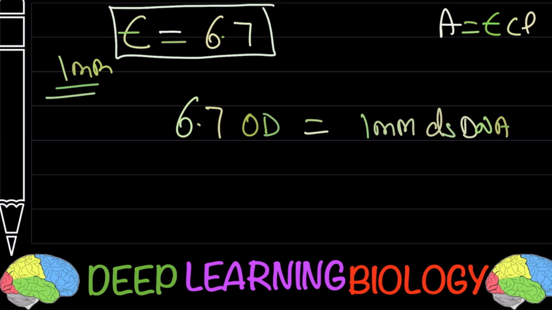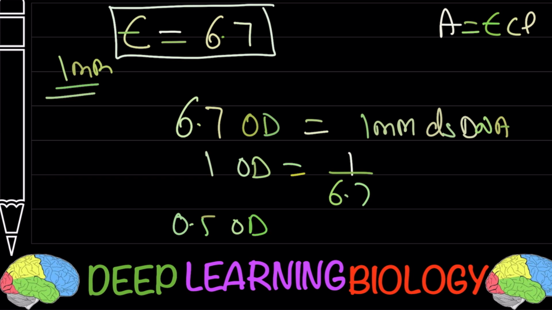Now here you have to calculate what is going to be the answer in millimolar. 6.7 OD is 1 millimolar double stranded DNA, so 1 OD is 1 by 6.7. And what will be 0.5 OD? Very simple, 1 divided by 6.7 into 0.5.